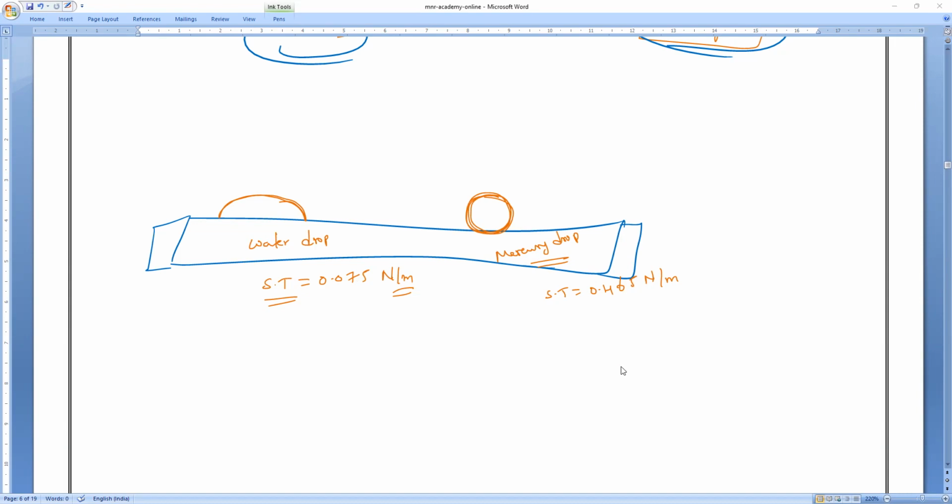Which is greater? Mercury. So remember, if the surface tension is greater, then the drop will be completely turned into spherical shape.